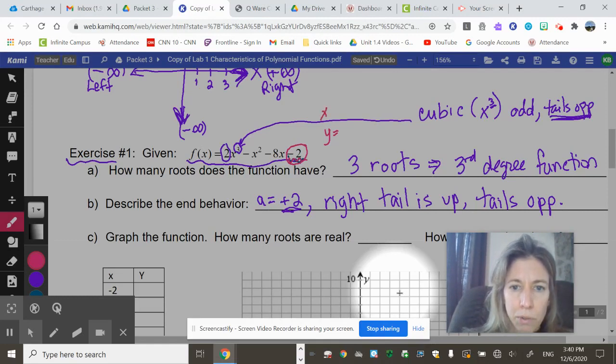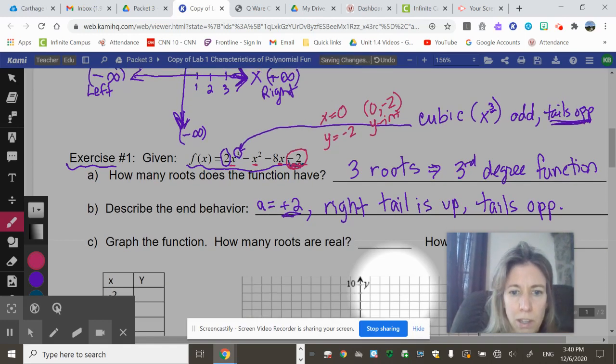When x equals 0, if I were to put a 0 in for all of my x's, that would cancel all this first part out, and my y value would equal -2. So the coordinate (0, -2) is going to be my y-intercept. So this last number, the constant, is the y-intercept.